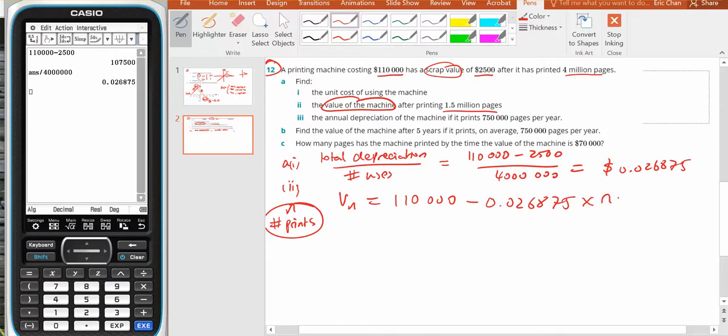So if I printed 1.5 million pages, V of 1.5 million would equal 110,000 minus 0.026875 times 1.5 million. So let's work that out.